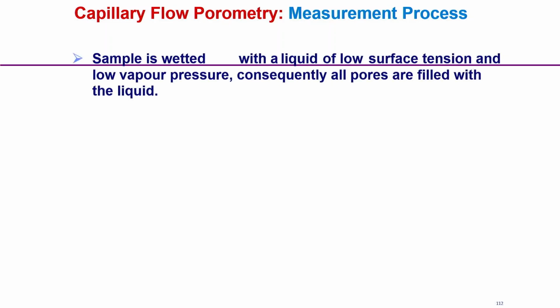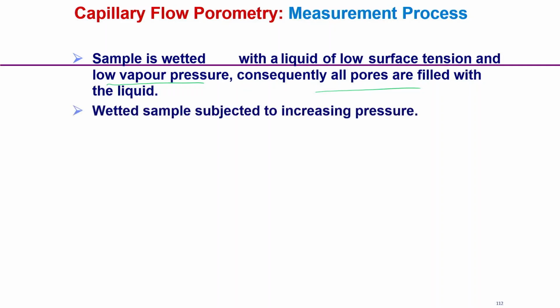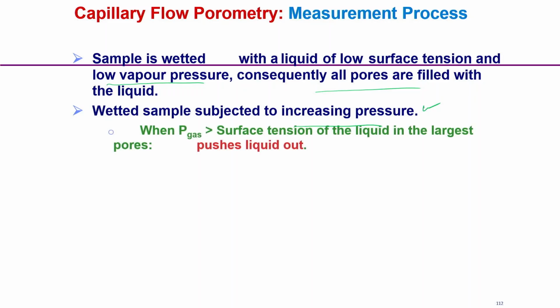The sample is wetted with a liquid of low surface tension and low vapor pressure. Consequently, all the pores are filled with the liquid, and then it is subjected to increased pressure by the inert gas.